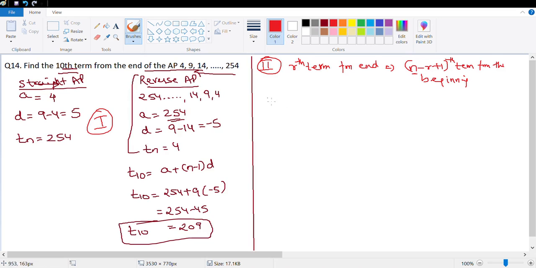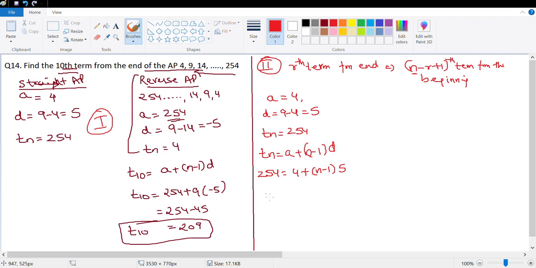So if I'm looking at the direct AP, A is equal to 4, D is equal to 9 minus 4, which is equal to 5, and Tn in this case is given equal to 254. Using this, we can figure out the total number of terms. So Tn is equal to A plus n minus 1 times D. Substituting values, I get 254 is equal to 4 plus n minus 1 times 5.